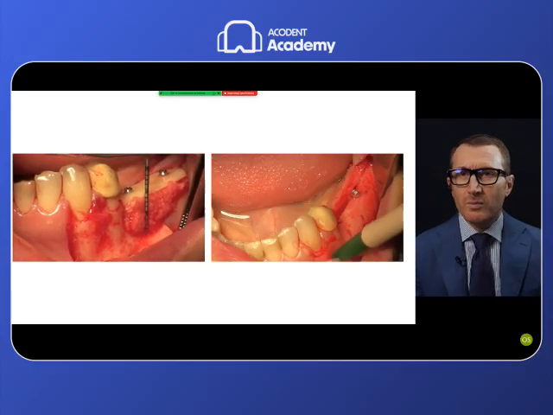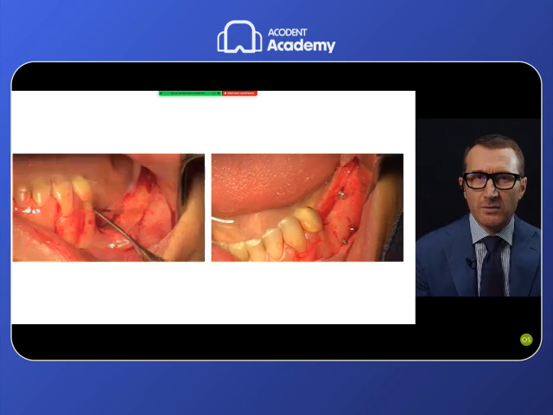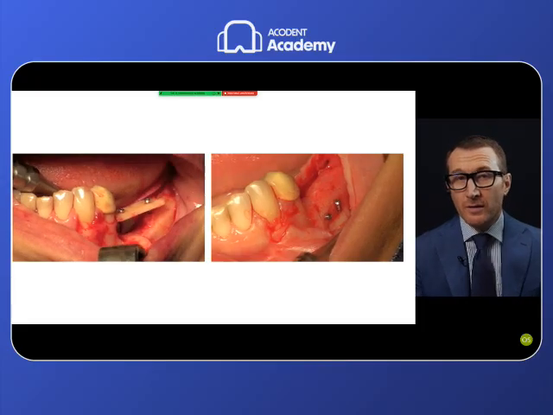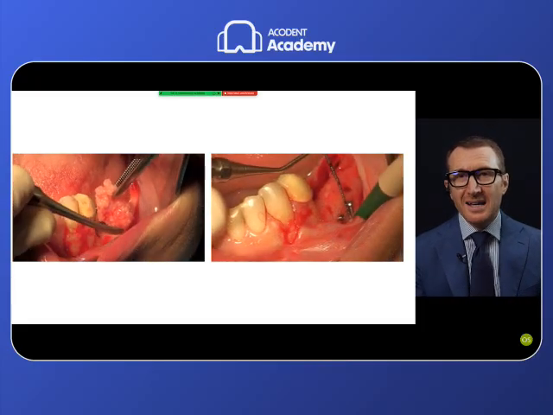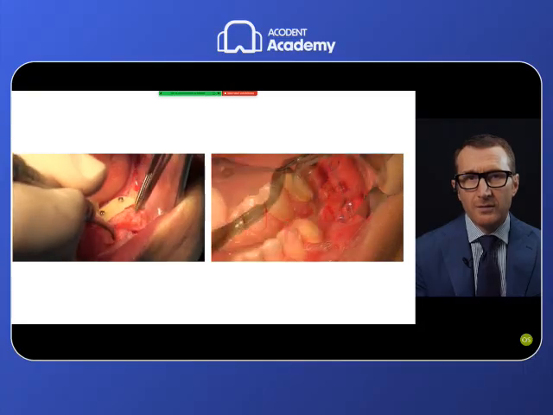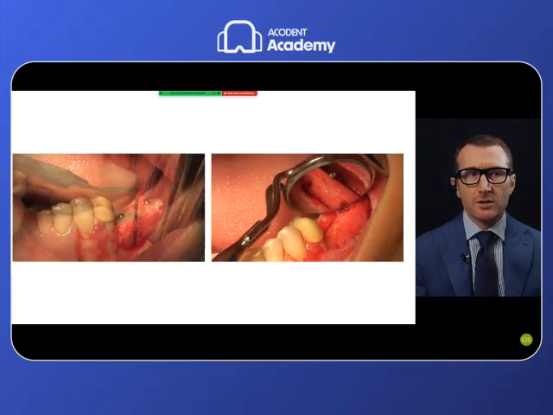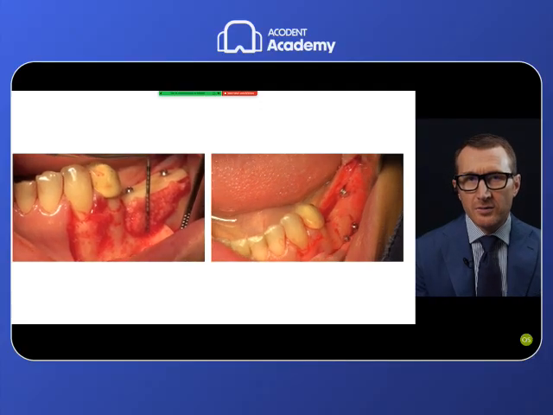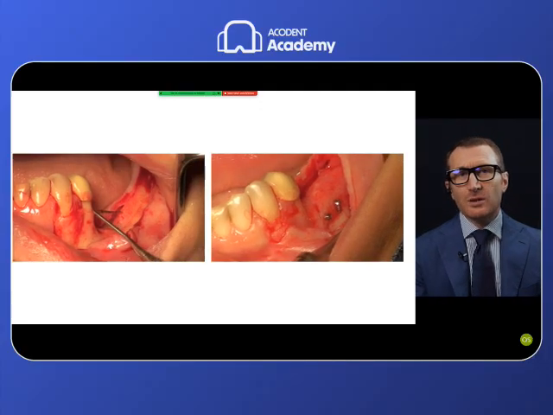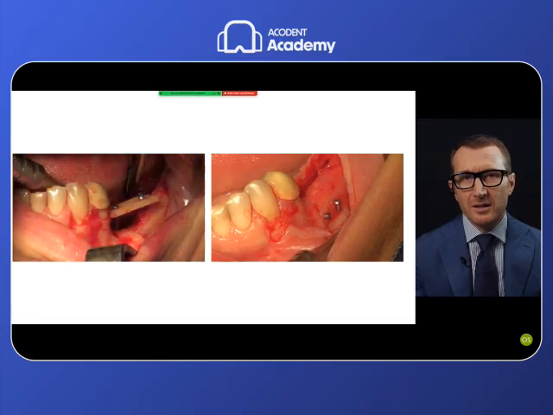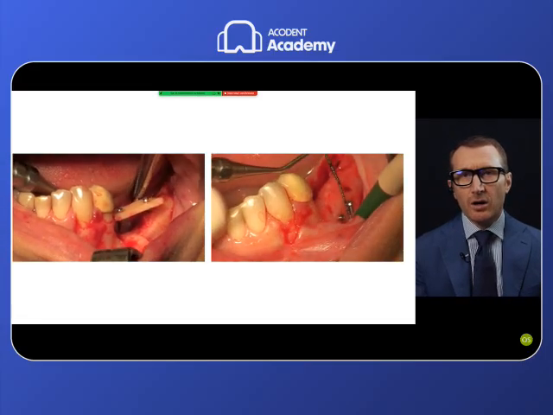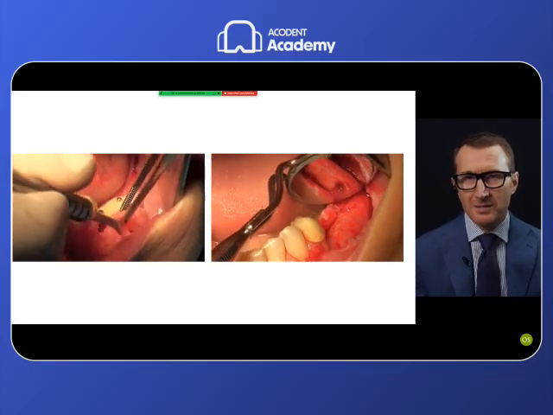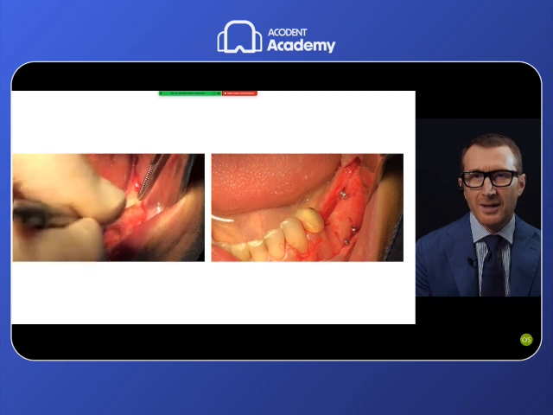Then we may have a negative effect from a vascular point of view, but looking at the data from the literature, the big cutoff in terms of defect dimension, where the vascular support can change, is 5 millimeters in the vertical direction. When you are growing more than 5 millimeters, the lack of vascular support from the soft tissue may be a problem, as seen in the paper by Istvan Urban.